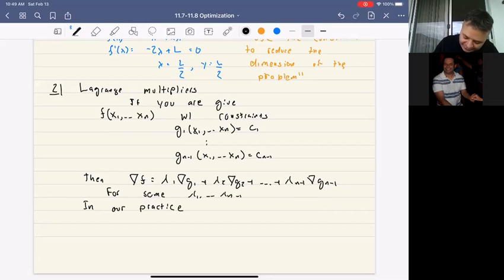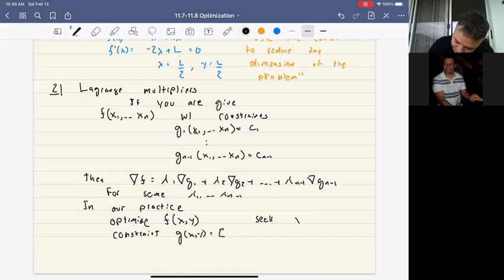What it really comes down to, though, in practice, or at least in our practice, is that if we have f of x y we want to maximize or optimize, with constraint g of x y equals, let's say, c, then we seek the gradient of f equals lambda gradient of g.